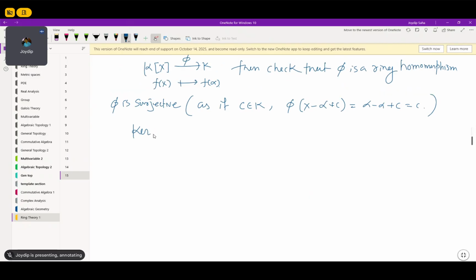The kernel of phi is those f(x) belonging to k[x] such that f alpha equals 0.